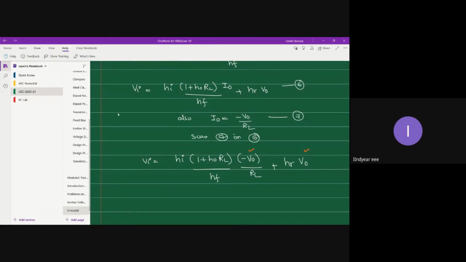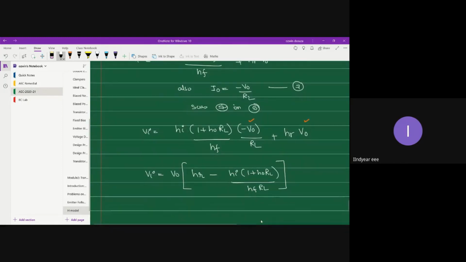So you get Vi is equal to V naught times, taking this in front, this becomes Hr, and there is a negative sign, so this becomes negative Hi into 1 plus Ho RL divided by Hf RL.